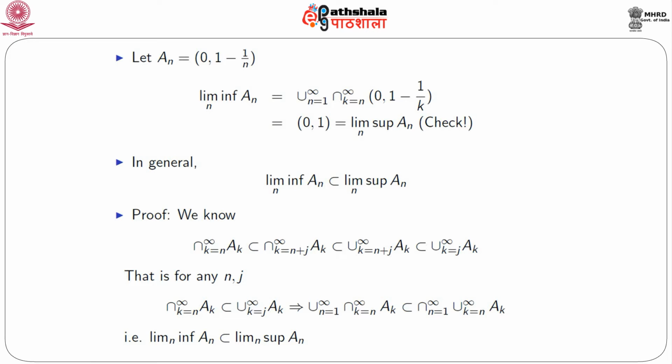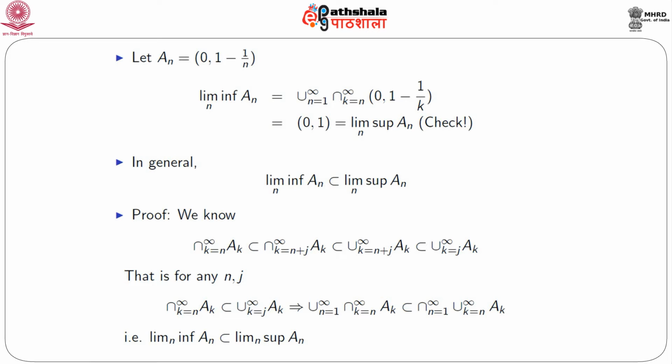Now, we know that intersection is a subset of union. So, if I interchange the sign, with intersection replaced by union, it will again be a subset, and this is the union over k from n plus j to infinity of a k. If we start from k equal to j instead of n plus j, that means we are taking more unions, that means we are getting bigger sets.